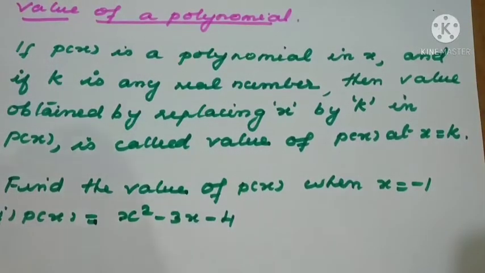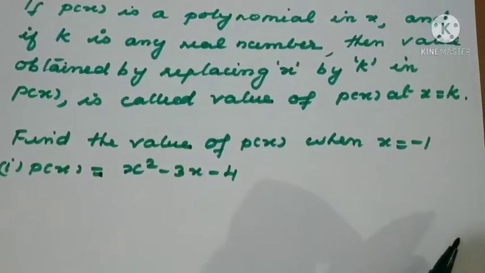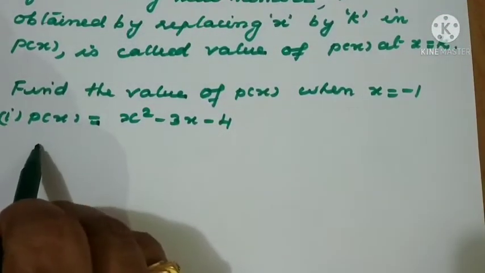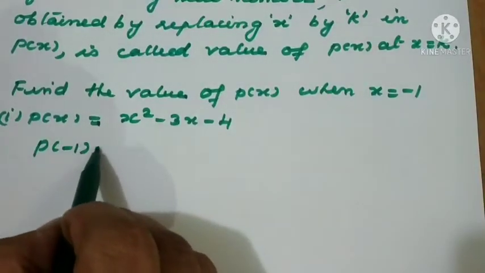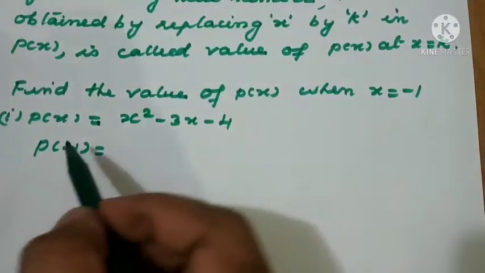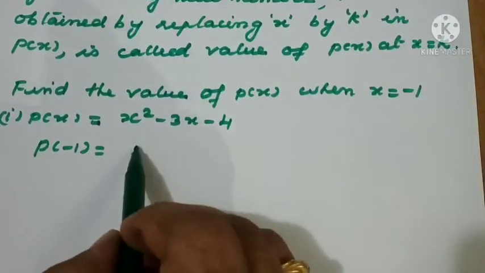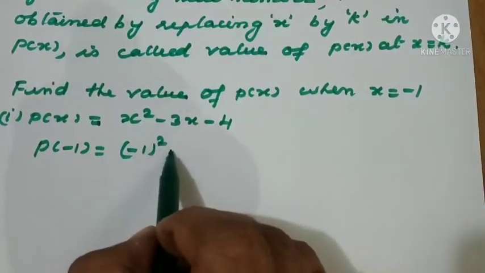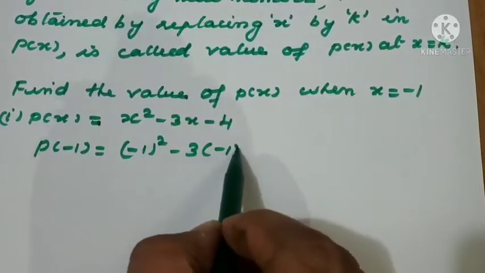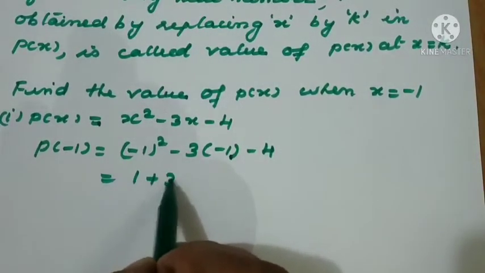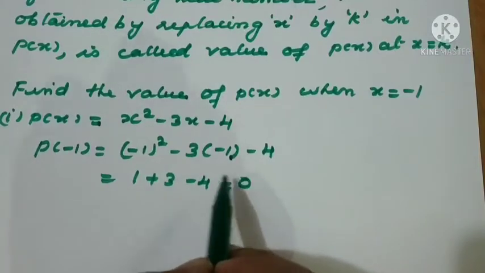We have to find the value of p of x when x equal to minus 1 only. So we will write p of minus 1 equal to, that is x is replaced by minus 1, that is x is replaced by k, where k is equal to minus 1 this time. So minus 1 square minus 3 into minus 1 minus 4. That means 1 plus 3 minus 4, it is equal to 0.